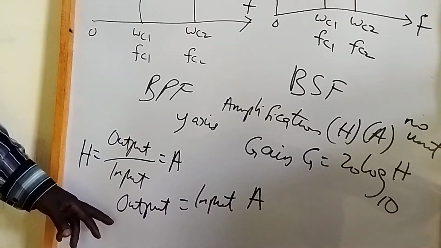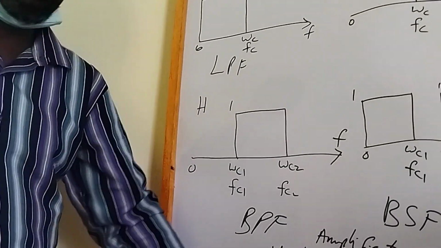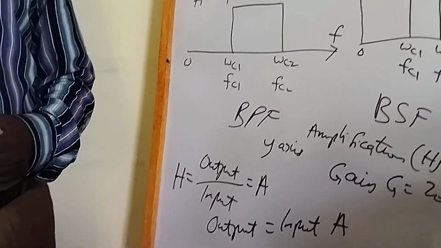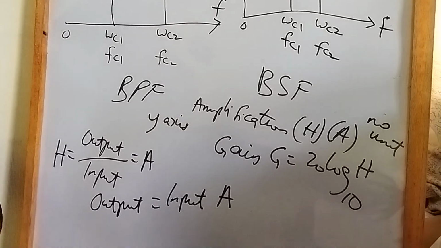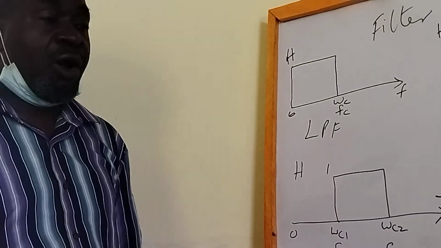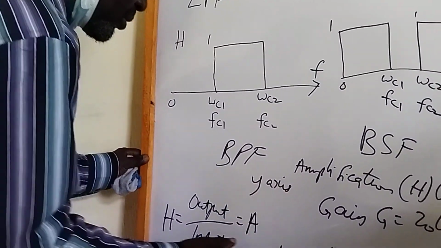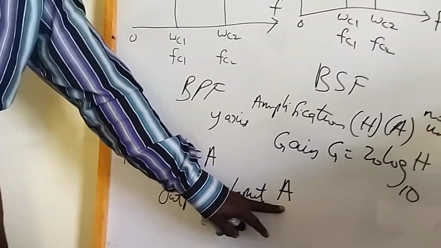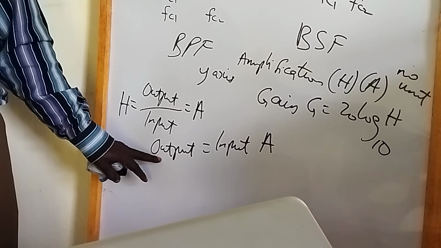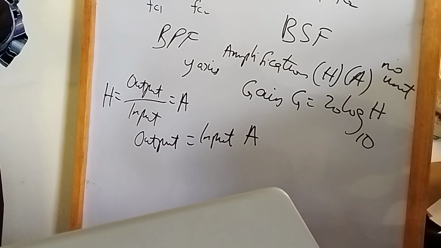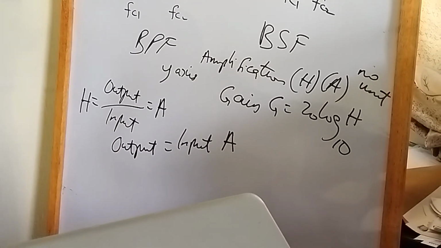If A is 1, it means the output will be equal to input. If it is the frequency we don't want to pass, we want to block, we can make A to be 0. If A is 0, 0 times input, no output will come out. That is how it allows certain frequencies to pass and blocks certain frequencies.